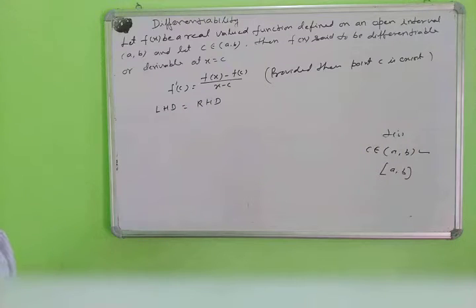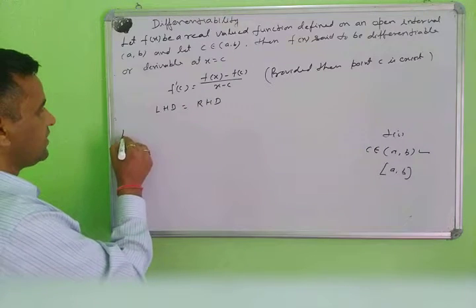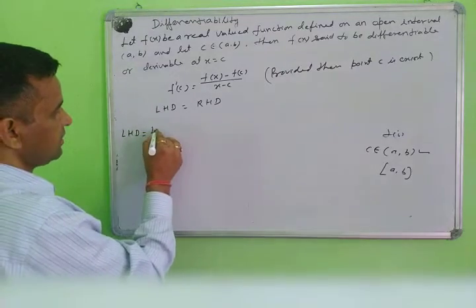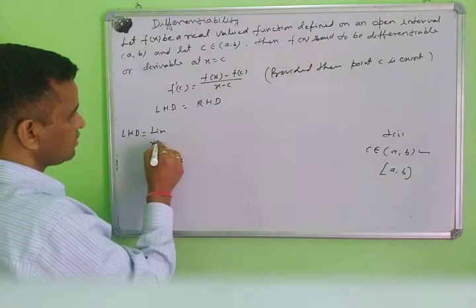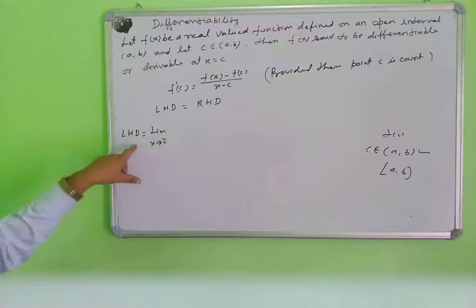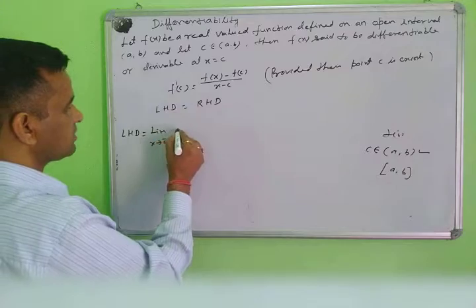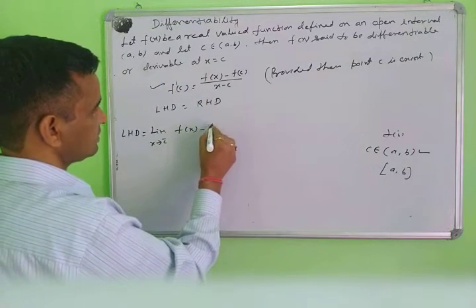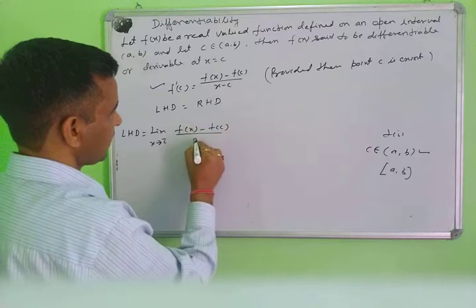So how do we find the left hand derivative? The formula is the limit as x tends to c from the left, the minus sign representing the left hand derivative, of the same function, f(x) minus f(c) upon x minus c.